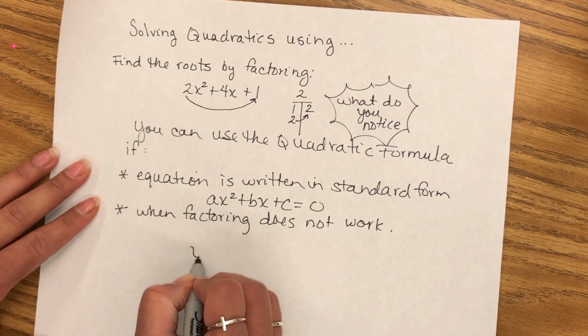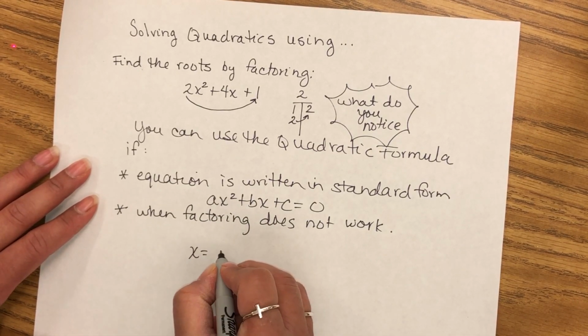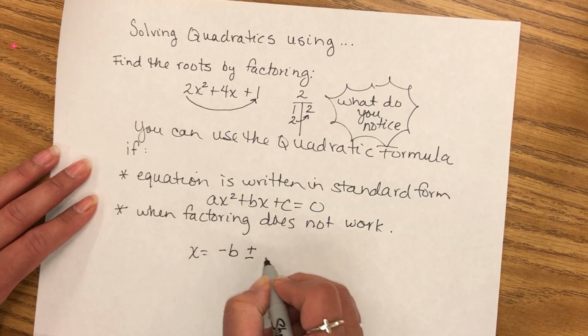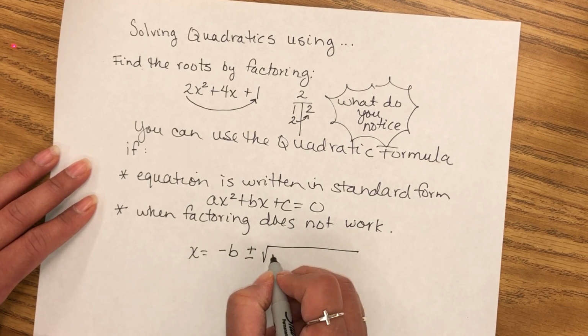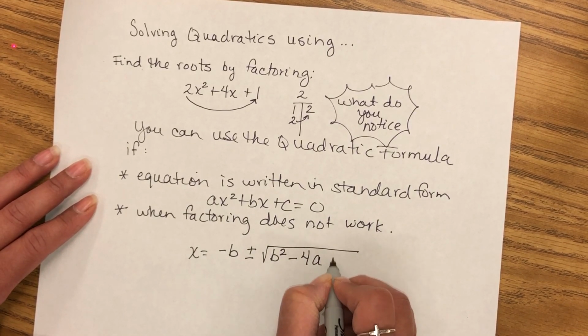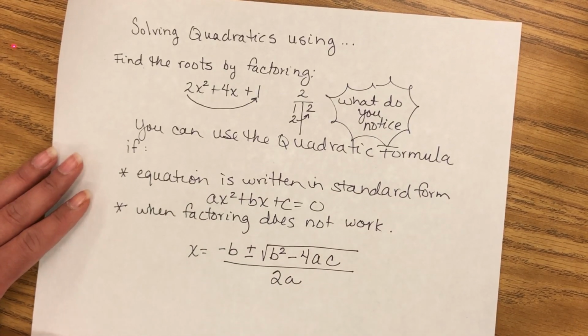X is equal, so the x-intercept, that's what we're trying to find, is equal to negative b, or the opposite of b, plus or minus the square root of b squared minus 4 times the a times the c, all over 2 times the a.